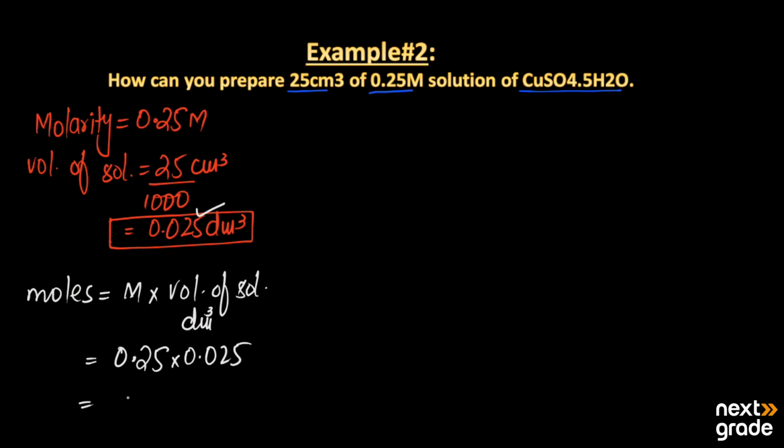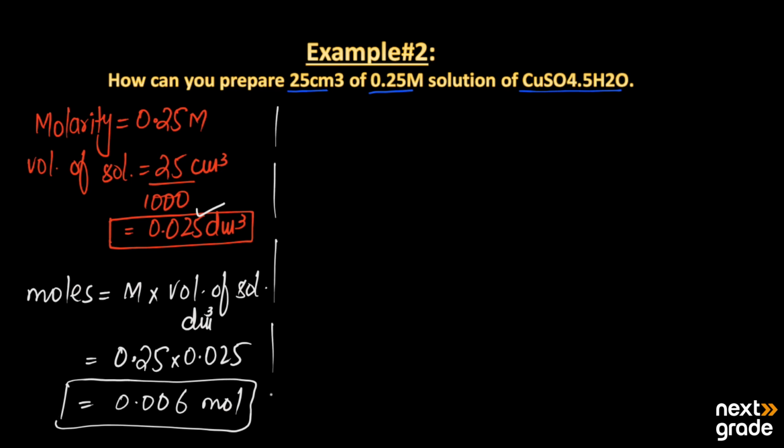By multiplying 0.25 with 0.025, the answer is 0.00606 mole. Now by finding these moles, we will find the mass of substance in grams. The mass in grams, its formula is moles multiplied by molar mass.